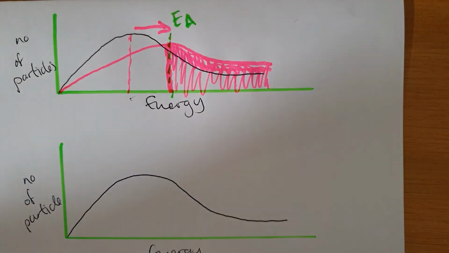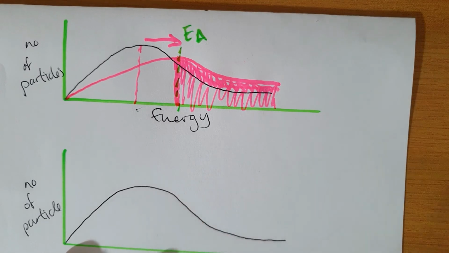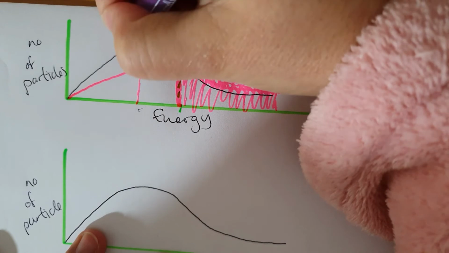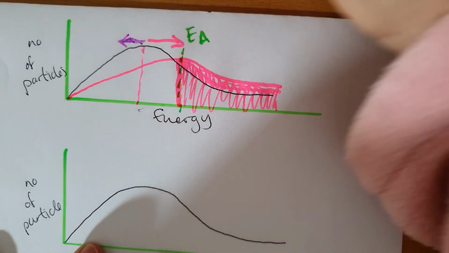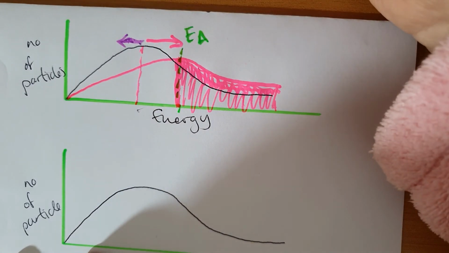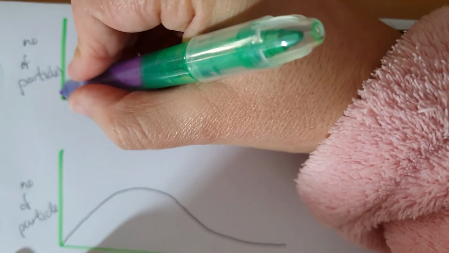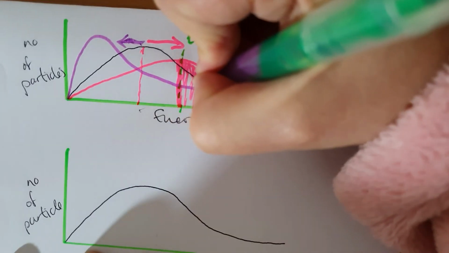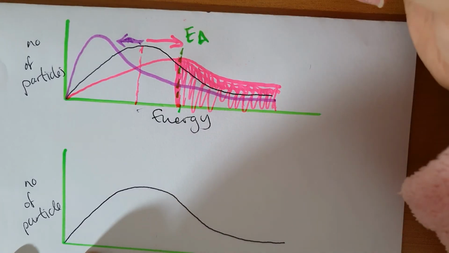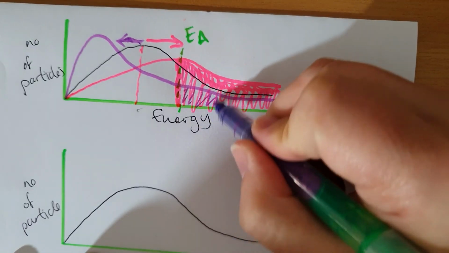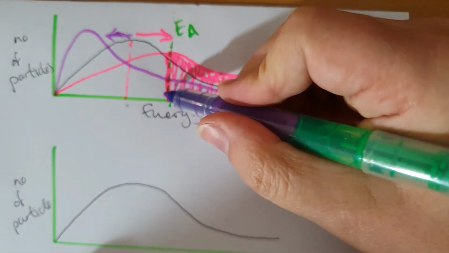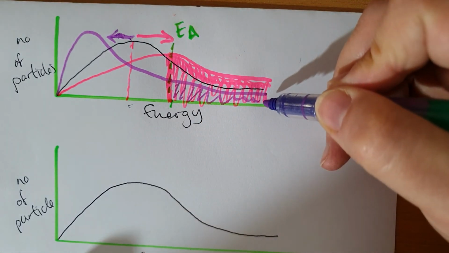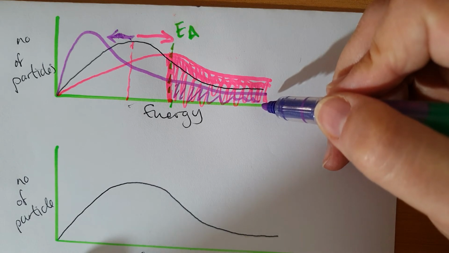Now obviously if you decrease the temperature, it's going to move in that direction. But remember, you've got to keep your area. So your peak gets a bit higher over here, and you end up with lower amounts. You can see here how, by activation energy, we've got fewer particles with a sufficient amount of energy because we've decreased the temperature.